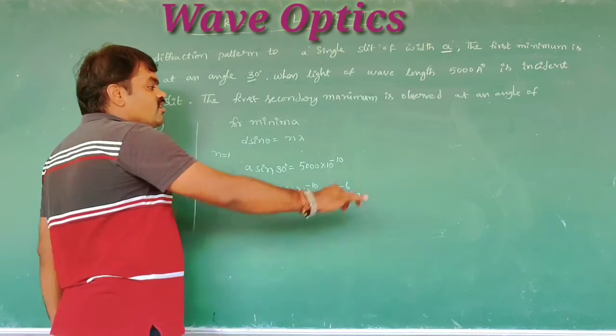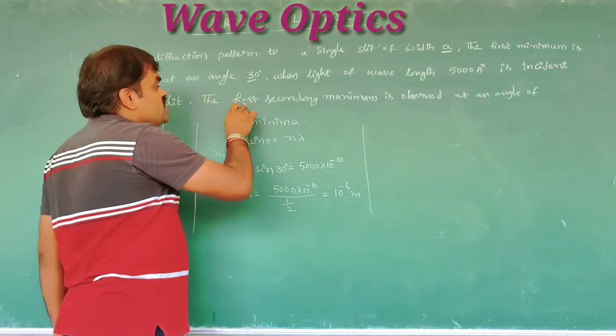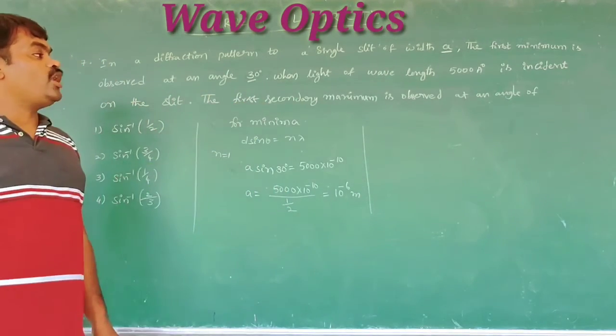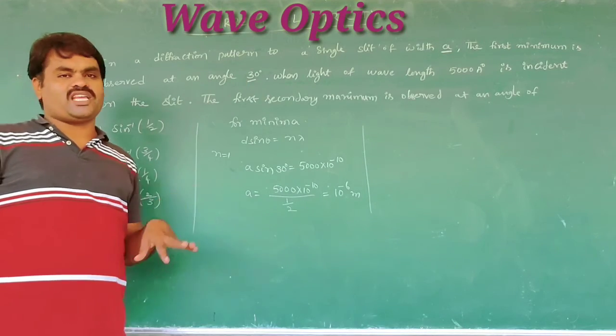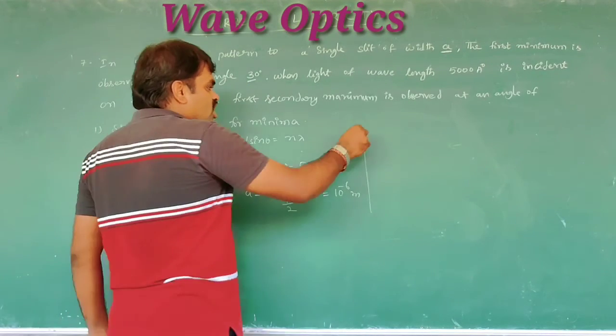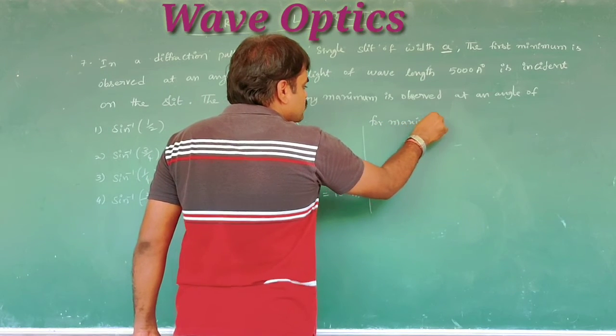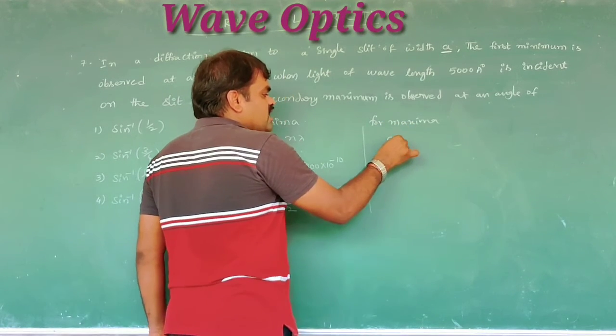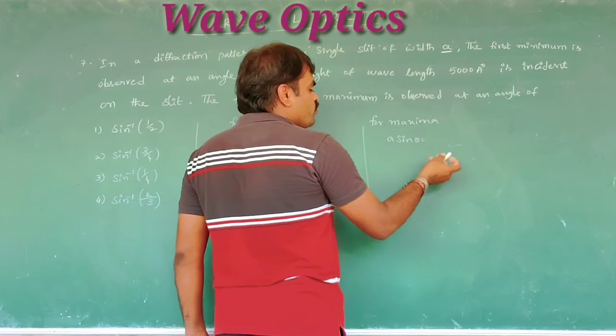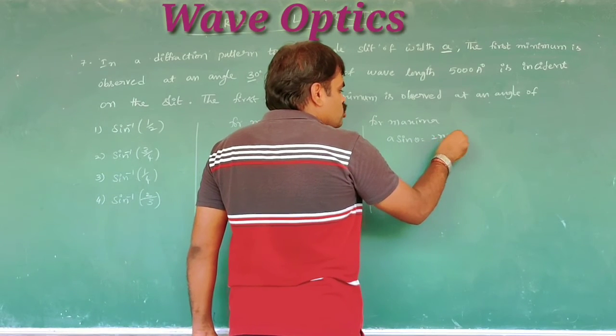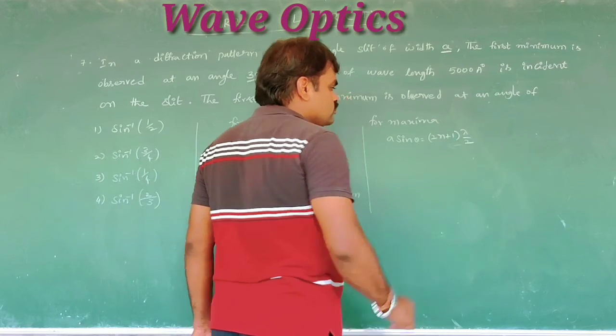Now what are they asking? The angular position of the first secondary maxima. That is the condition for maxima. The condition for maxima is A sin theta is equal to (2n plus 1) into lambda by 2.